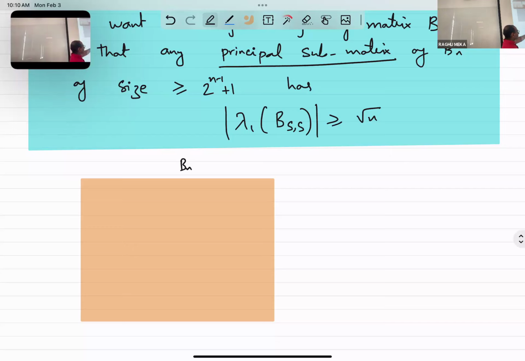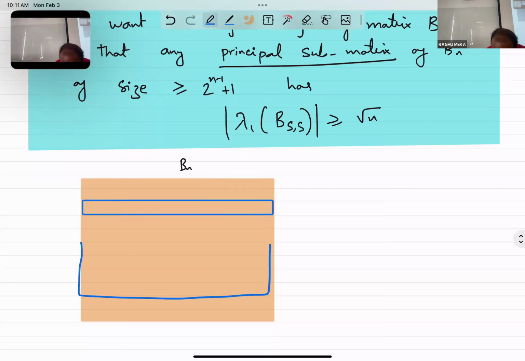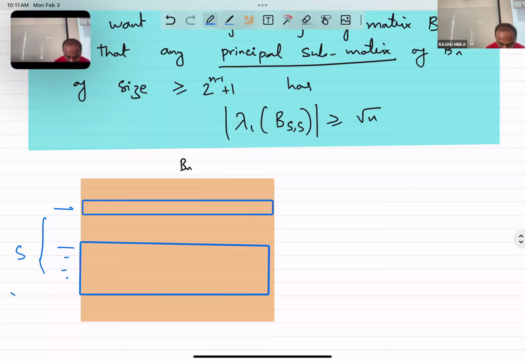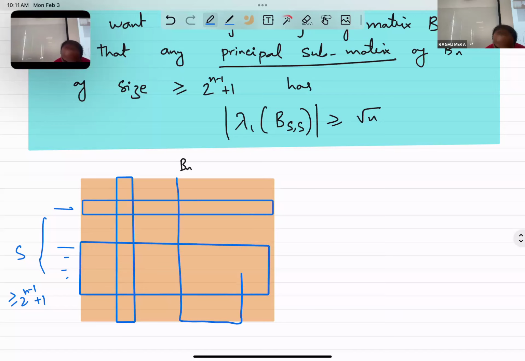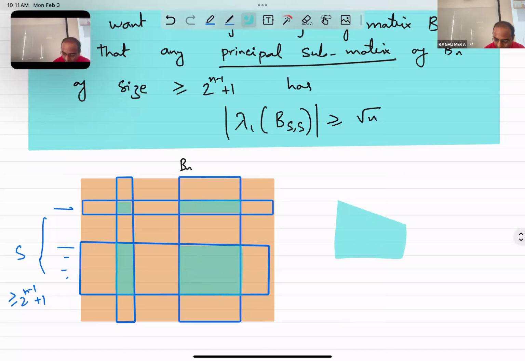Now I want to pick this signing such that if I take any set of rows which are from set S, where the size of S is greater than or equal to 2^(n-1) + 1, and the same set of columns, then the submatrix formed by these rows and columns, this blue matrix, is basically our B_{S,S}.